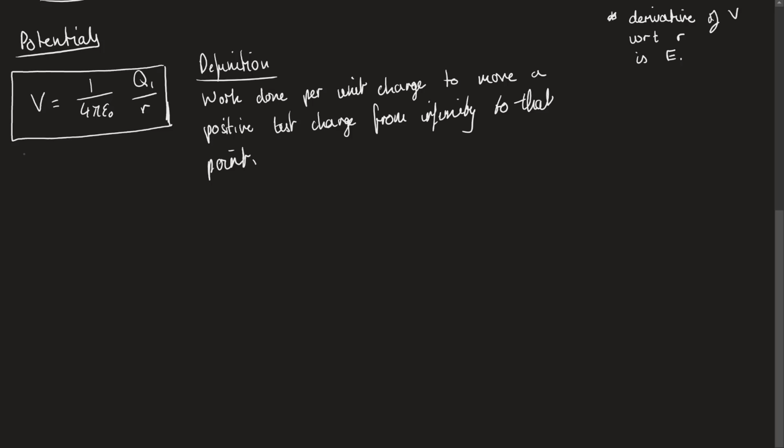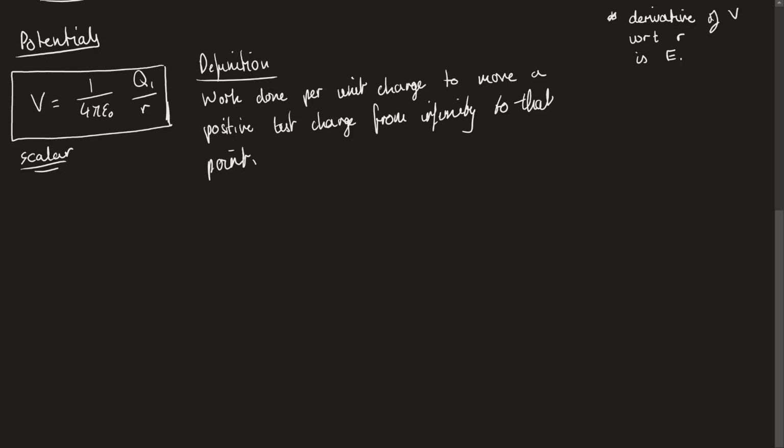Now it's also worth noting this is a scalar quantity. Potential doesn't have a direction. However, in the case of gravitational fields, we said they always have to be negative, because by definition they require energy to escape the field to get to zero energy, so they must start as being negative.